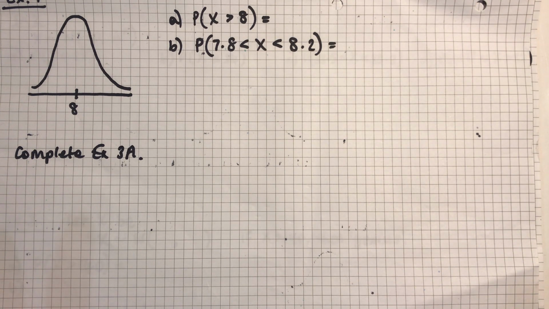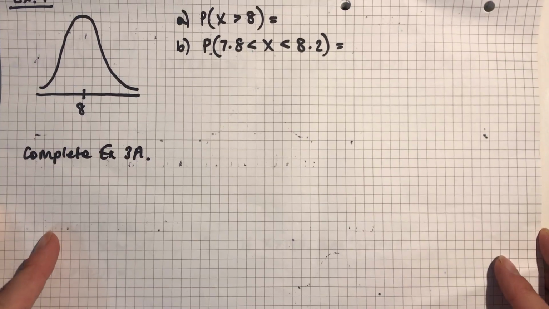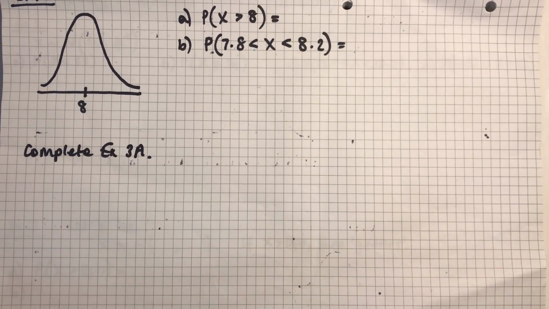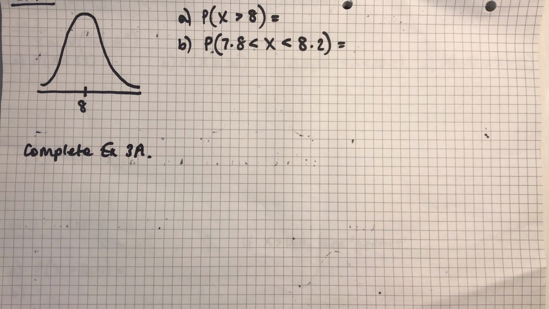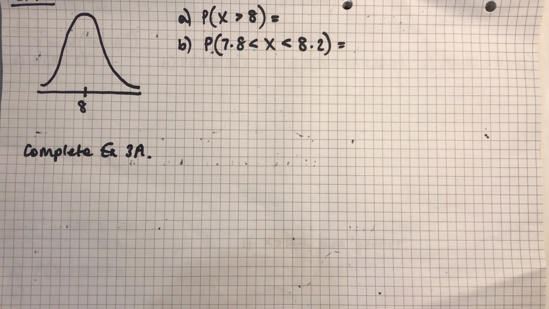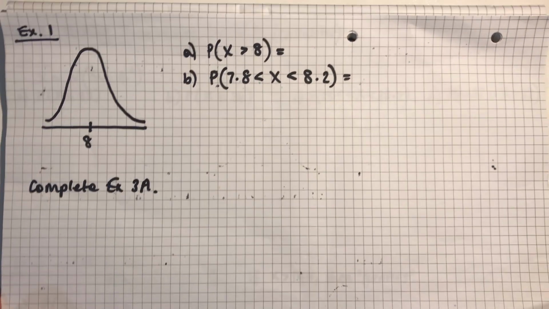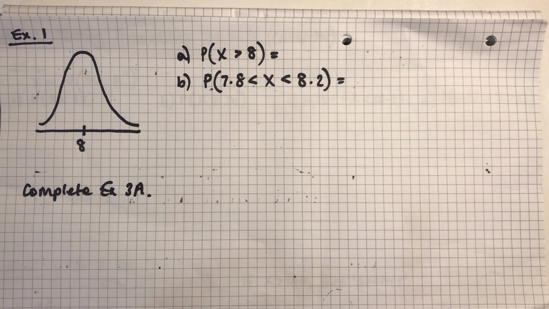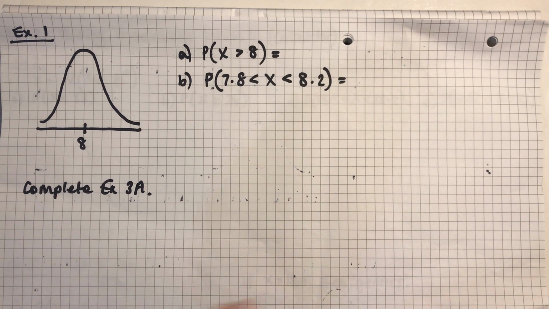Now let's have a look at the first example from the textbook. In example 1, we are given some normally distributed data, and it tells us that the diameters of a rivet that are produced by a particular machine in a factory are modelled as a normal distribution. So let's make a note of the normal distribution we're told.